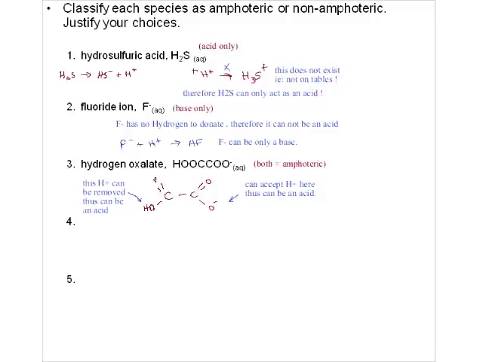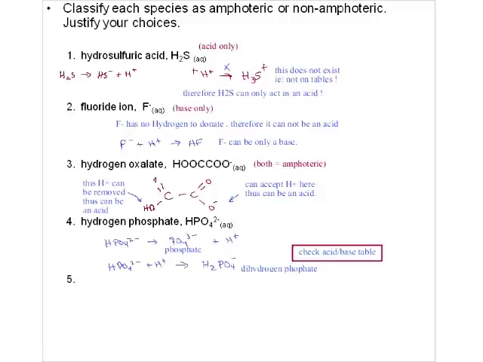Okay, another example. HPO4 2 minus. Well, this guy can be both as well. HPO4 2 minus can donate a hydrogen and leave phosphate behind, so it can be an acid. But it can also attract the hydrogen to be H2PO4 minus, which is dihydrogen phosphate.